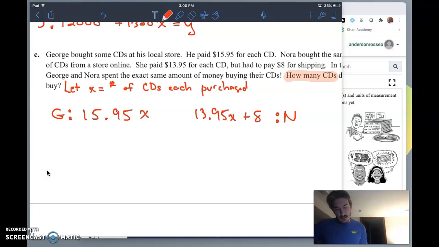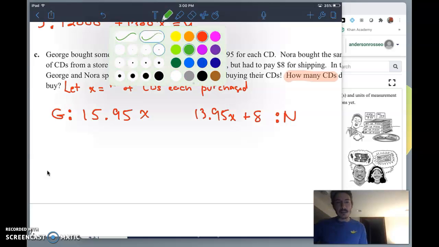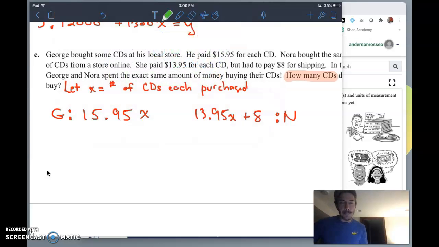Now check this out. There is some info here that they give us, and I'm going to use that info to our advantage, and it's how we're going to back up and tackle B in just a second. It says George and Nora spent the exact same amount of money buying their CDs. Well, let's take that and use our frames of reference to say that whenever two things are the exact same, they are equal.